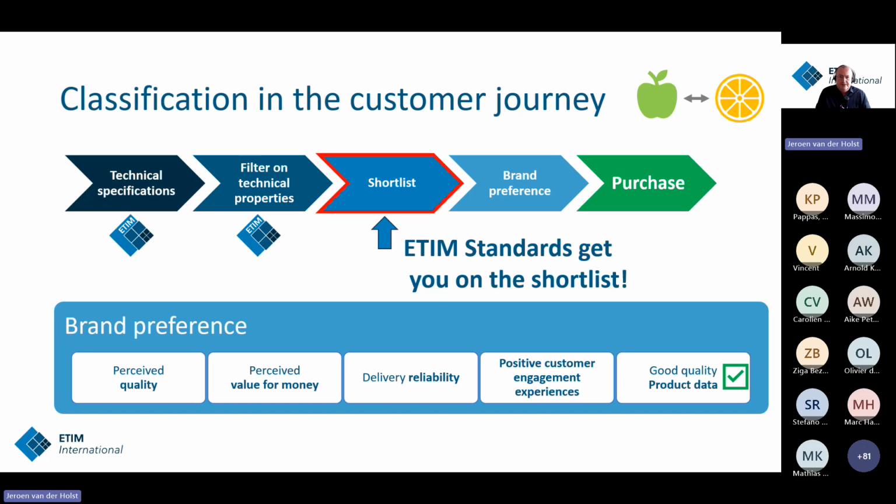Perceived quality, value for money, delivery reliability, the sum of all positive customer engagement experiences push towards a buying decision. ETIM is not taking anything away from that. But showing good quality product data is a positive customer engagement experience, mind you.